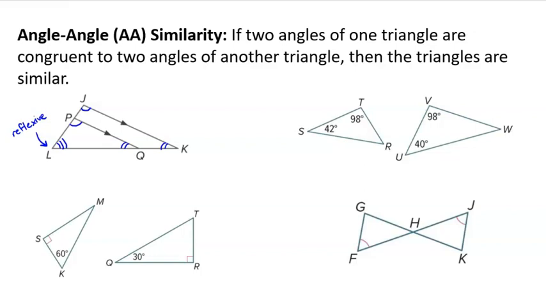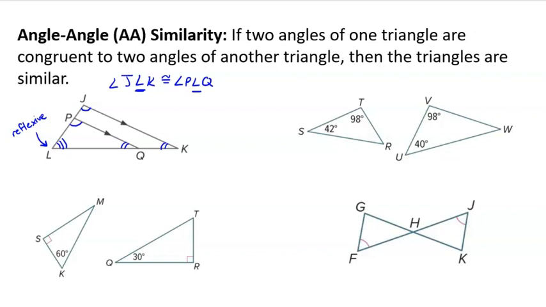And it doesn't matter if you named it as angle JLK for the one triangle is congruent to angle PLQ of the smaller triangle. That's going to be the reflexive property. We're basically still talking about angle L. And so based on what we know about angle-angle similarity, or if we think back to what we kind of already decided about angle-angle-angle, these two triangles are going to be similar.